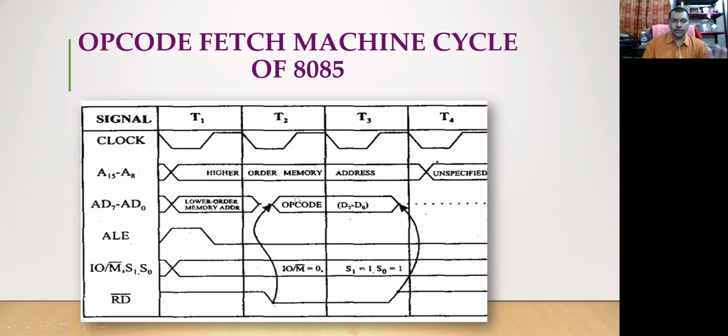I will again repeat it for you. This is the timing diagram for the opcode to be fetched by the microprocessor. For example, the first instruction we studied was MVI A, 03, if you remember. The opcode was 3E and the data was 03.